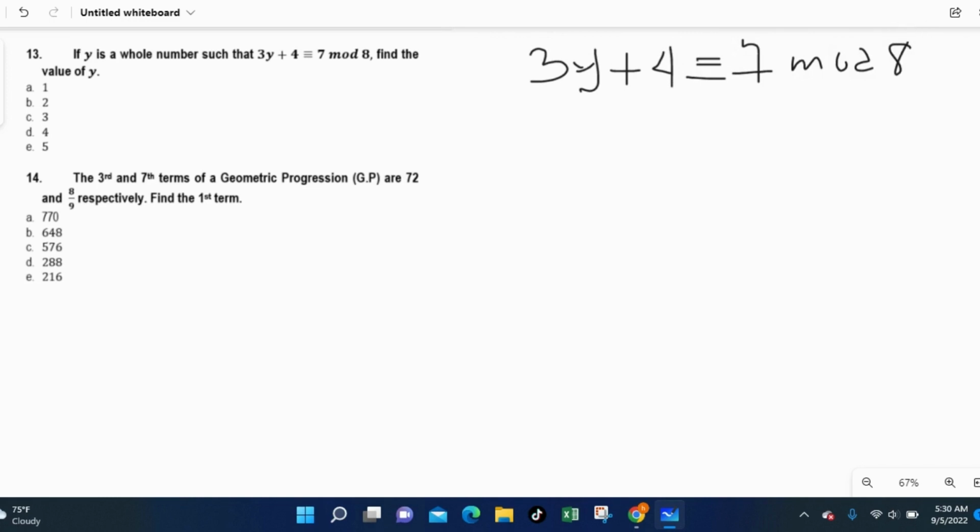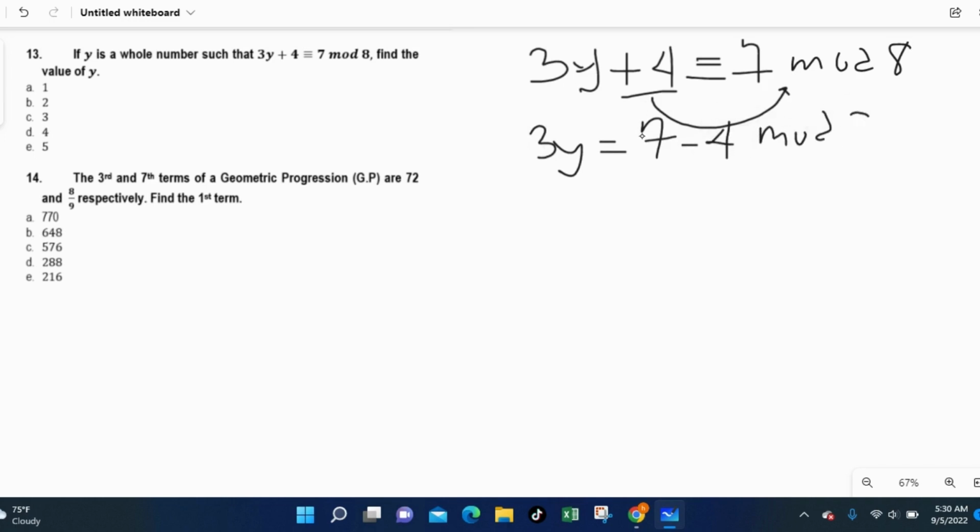To solve this question, what we simply do is to take 4, a whole number, to the other side. When we do that, we are going to have 3y equal to 7 minus 4 mod 8, since 4 crosses the equal sign to give us minus 4.